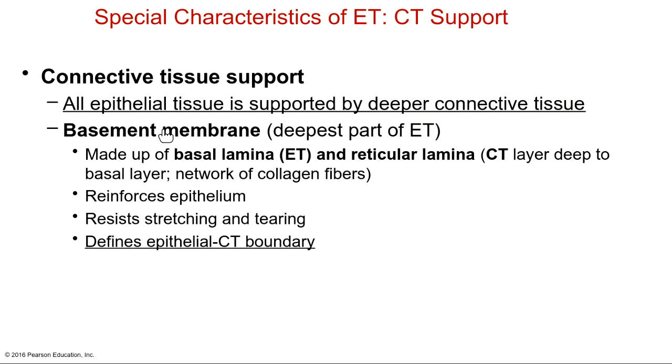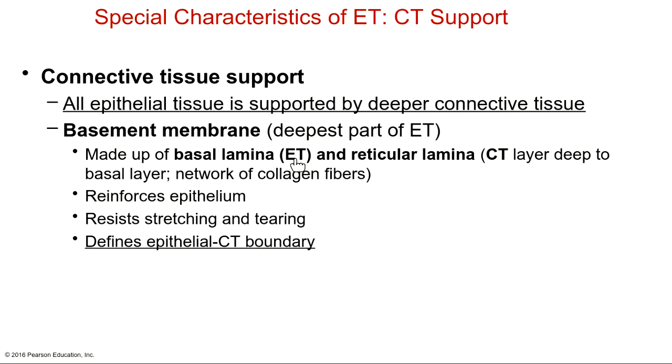Basically, I'll just repeat this. You have your superficial epithelial tissue. Just deep to that, you have this structure known as the basement membrane. The basement membrane is made up of 2 layers. The most superficial part of the basement membrane is called the basal lamina.